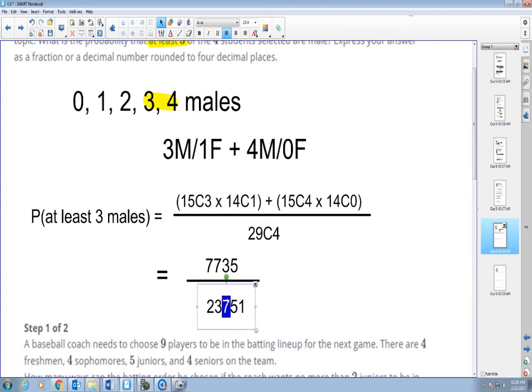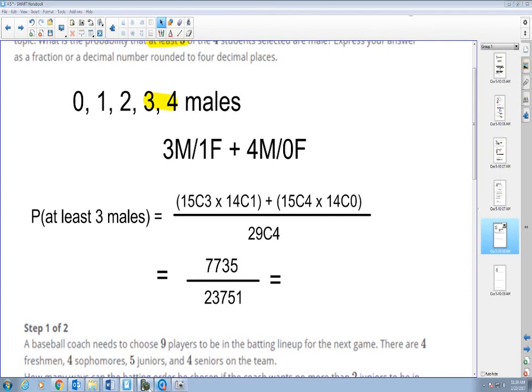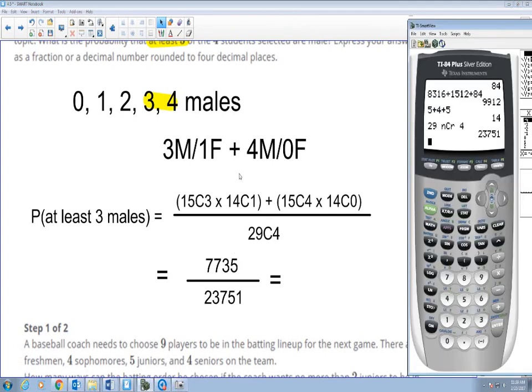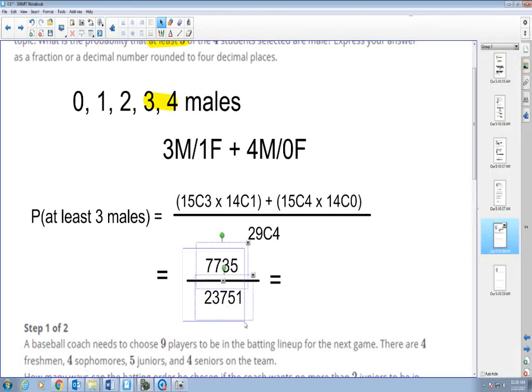Let's put this in the calculator again and divide it and see what we simplify down to. So these two scenarios together is 7,735 ways over 23751. You can do fraction answers, or you can do a simplified fraction: 85 over 261.